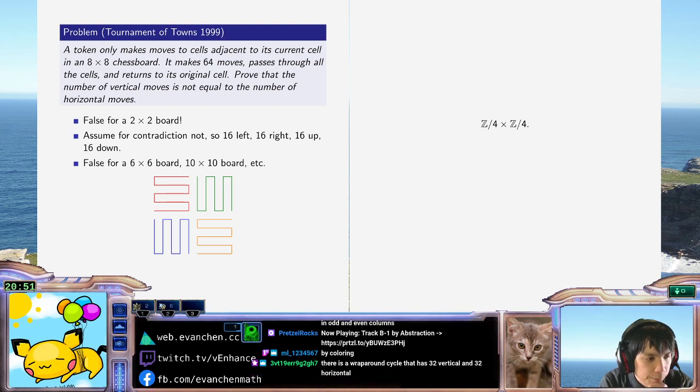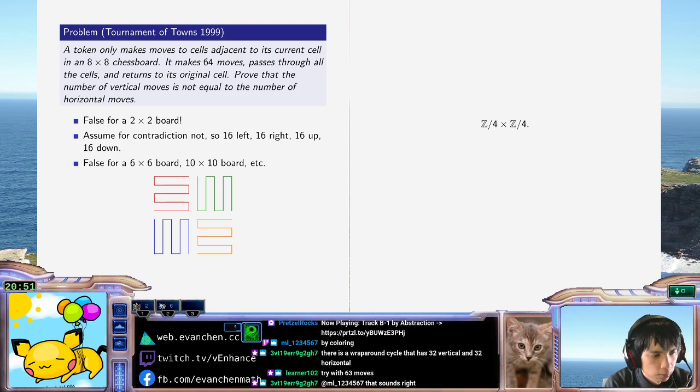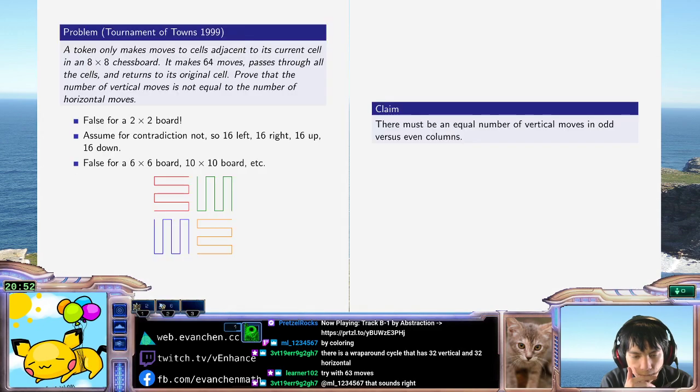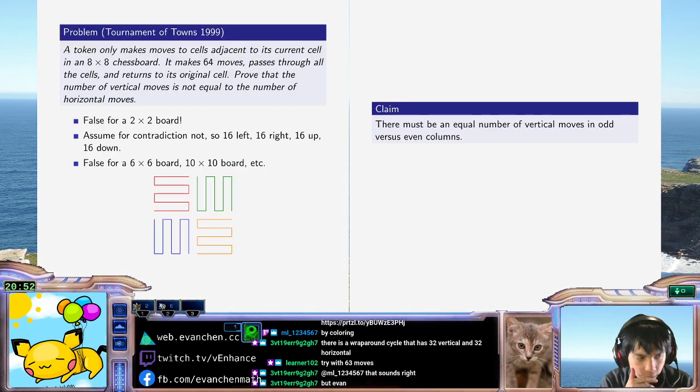There have to be an equal number of vertical moves in odd and even columns. What's the reason for this?